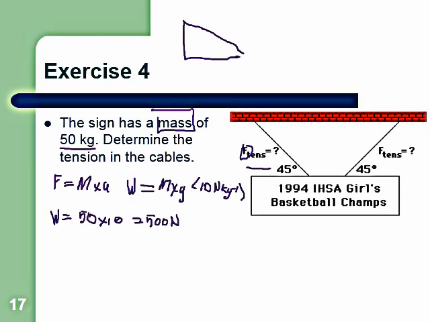Okay, not a very straight triangle, but there's a general idea. So this we know is 45 degrees. We know this is the value that we want to find out, which is your hypotenuse, and we know that the vertical component is going to now be 500 newtons.